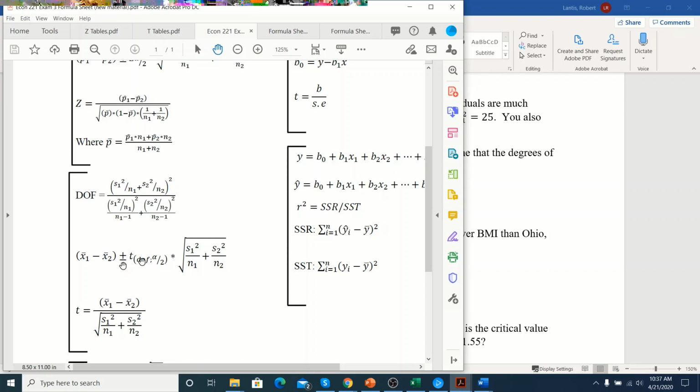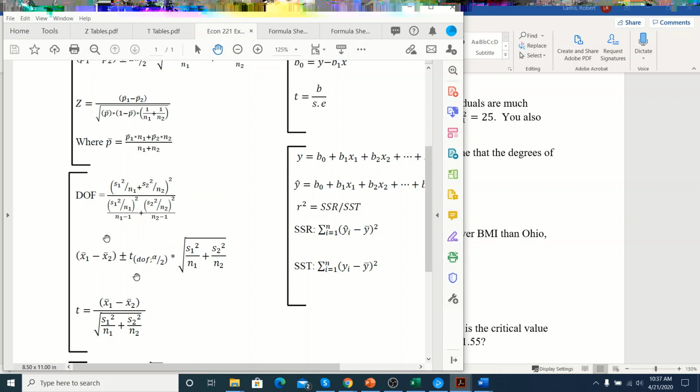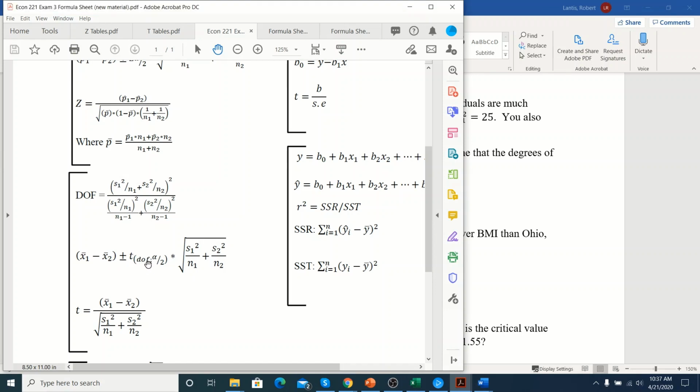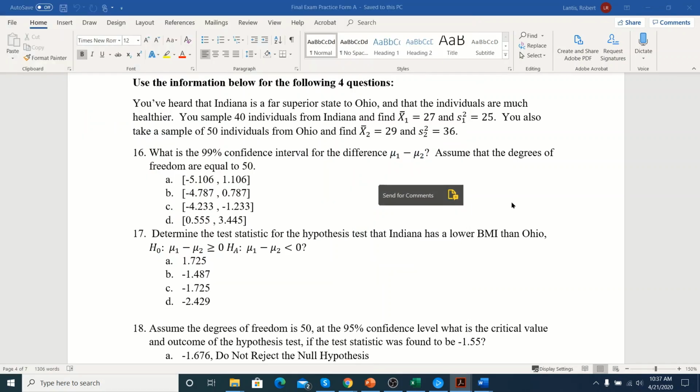I then need to look up a t-value from a student t-distribution that gives me alpha over 2 on each side of my interval, at my degrees of freedom, which for this one was 50. I was told my two sample variances and my two sample sizes, so it's really just a matter of plugging everything in, except I have to look up that t-value. So I plug in my sample variances, sample means, and sample sizes. Then it's just a matter of finding what the 99% t-value would be at degrees of freedom 50.